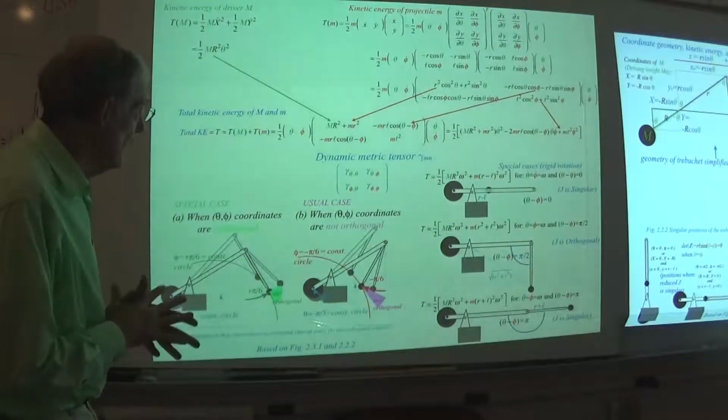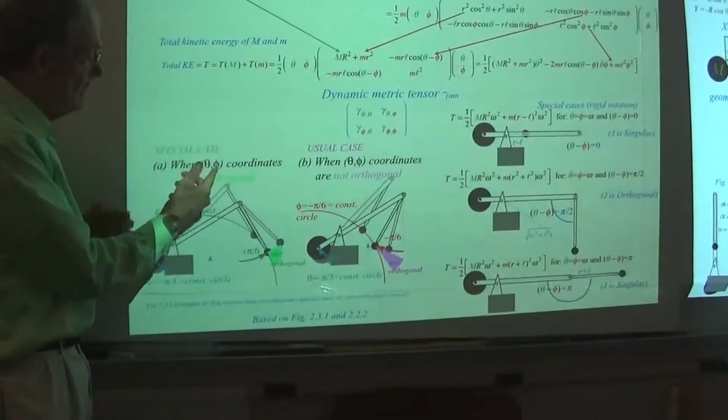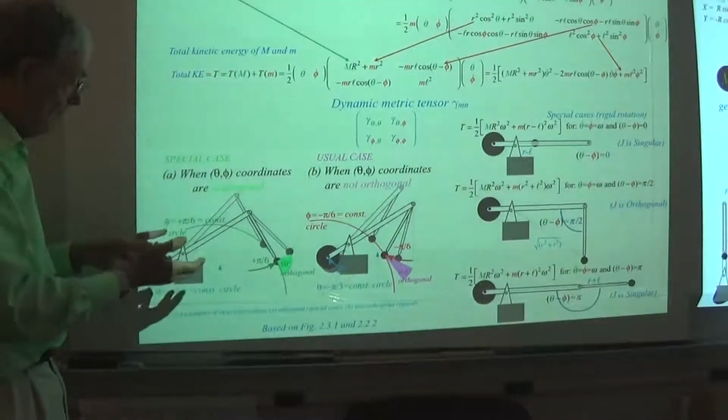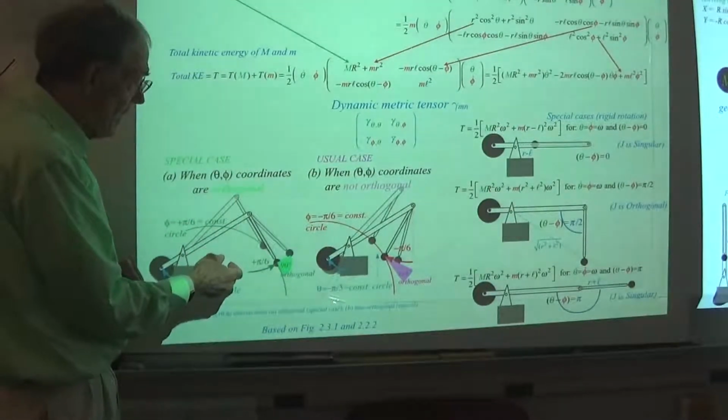But we should point out that the coordinates, theta and phi, if you plot them out, like I was asking you to do with some curvilinear coordinates for the problem today, there are points where that is orthogonal.